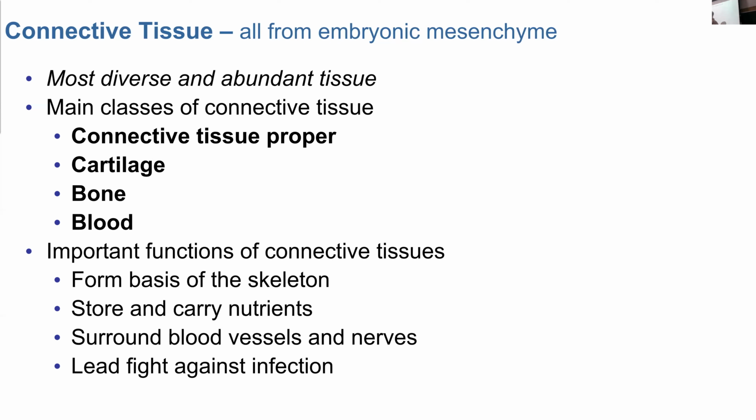They also include cells of the immune system; your white blood cells, for example, are connective tissue cells, and so they're leading the fight against infection. That's the big overview of connective tissue. I'm now going to walk through each of these tissue types in a little more detail.